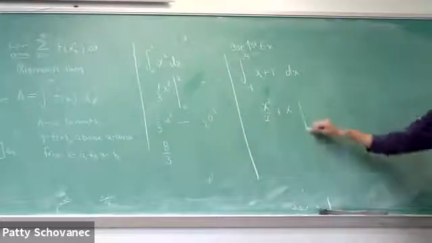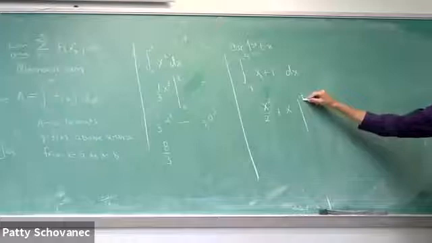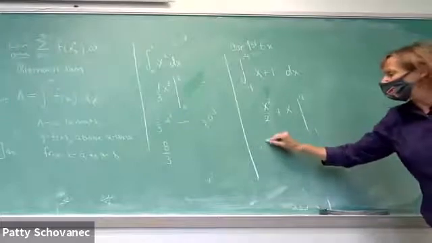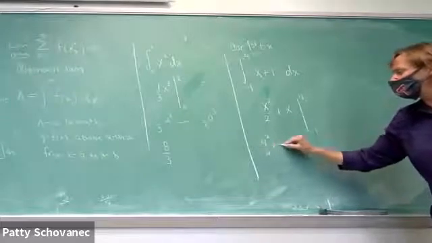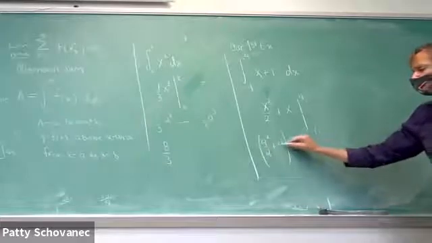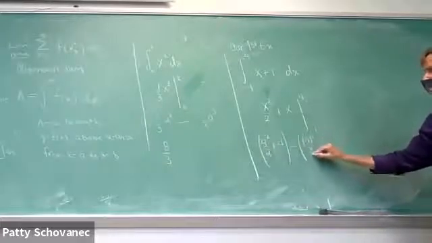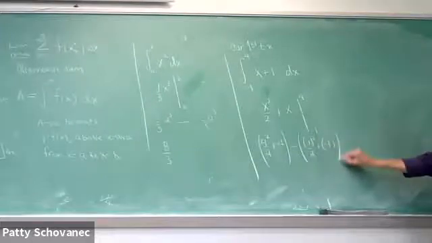Now I'm going to take that and I'm going to put the 4 in for each x. Then I'm going to put the -1 in for each x and then subtract. So 4 squared over 2 plus 4. Then I subtract -1 squared over 2 plus -1.